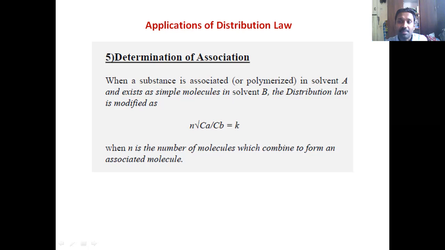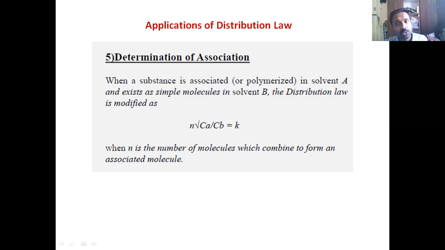But how do we know dimerization has taken place or trimerization has taken place? For that, you take the concentrations of x in both the solvents. You see, by working out the calculation backwards, for what value of n, using this formula, the nth root of Ca divided by Cb is equal to K.